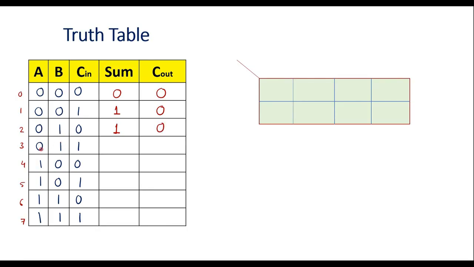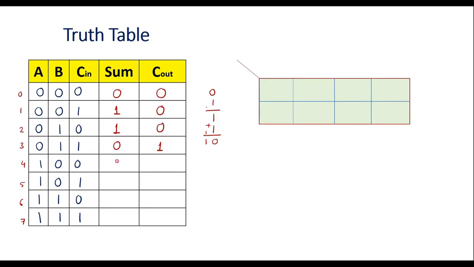Now 0 1 1. Let me add 0 and 1. When 0 is added with 1, it produces sum as 1, carry as 0. So this 1 will be added. So 1 plus 1 produces sum as 0 and carry as 1. So the result will be 1 0, that is, 0 is sum, 1 is carry.